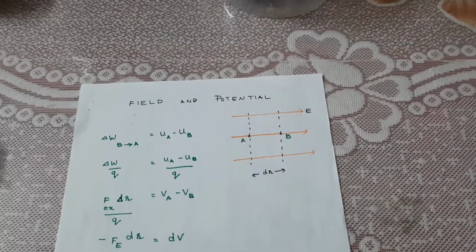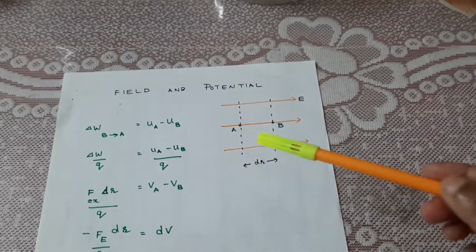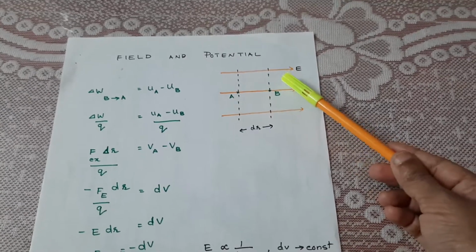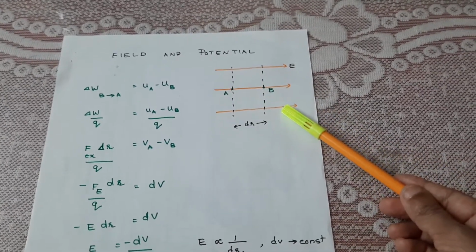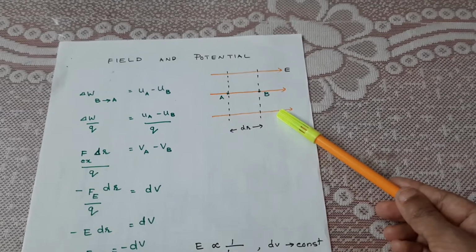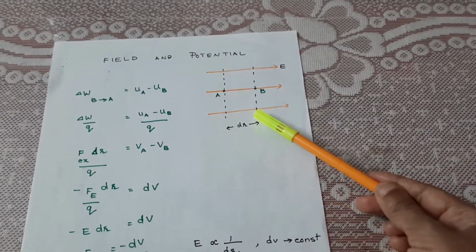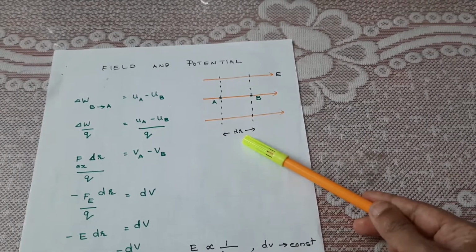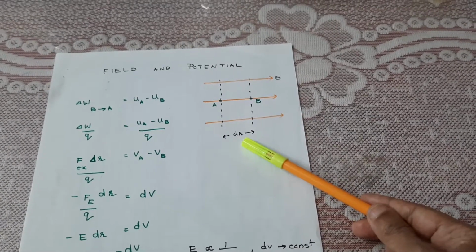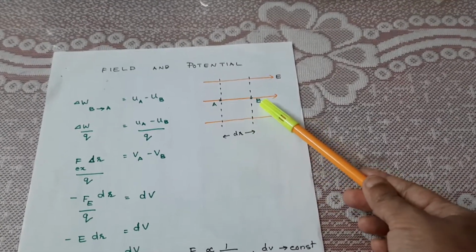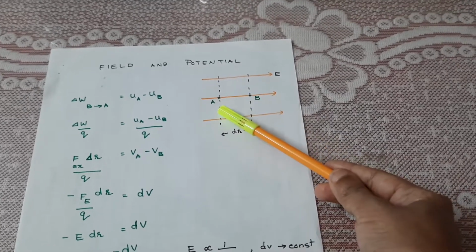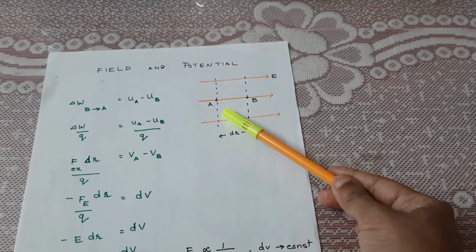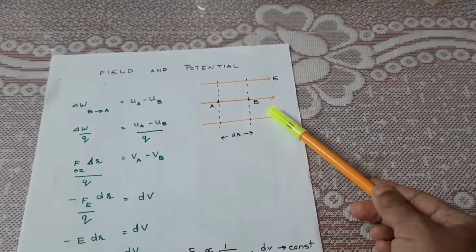Now let us see the relation between electric field and potential. Let us consider a region of uniform electric field. Consider two equipotential surfaces separated by a distance dr. In order to move a charge from B to A, work has to be done against the electric field.